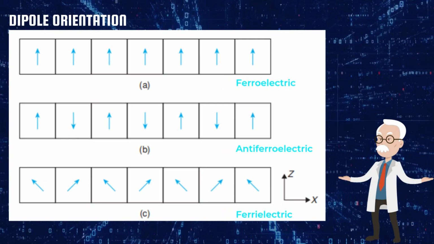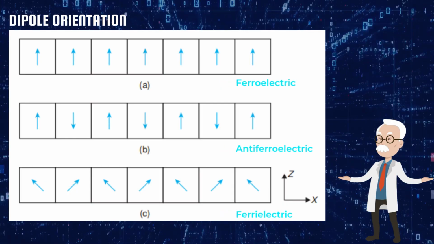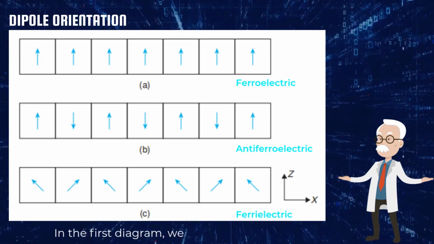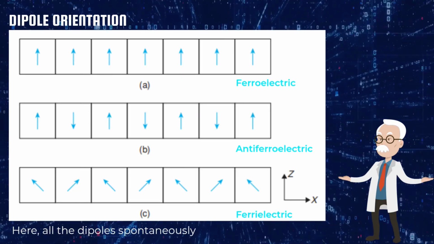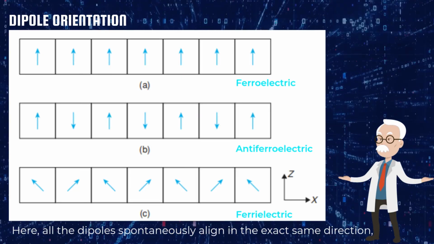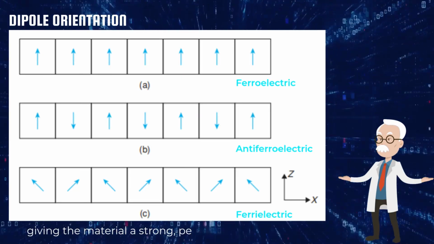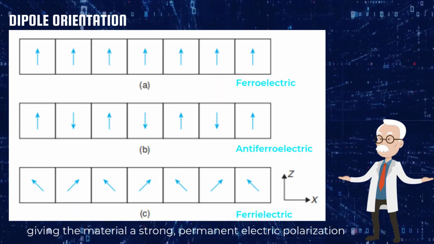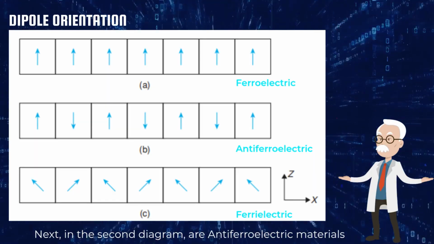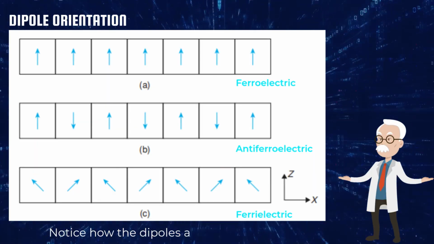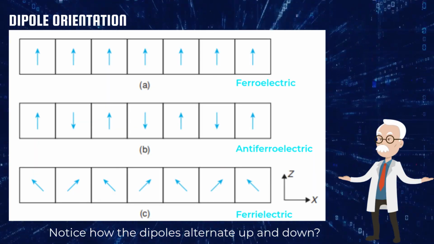Let's look at how dipoles align in different materials. In the first diagram, we have ferroelectric materials. Here, all the dipoles spontaneously align in the exact same direction, giving the material a strong, permanent electric polarization. Next, in the second diagram, are antiferroelectric materials. Notice how the dipoles alternate up and down.